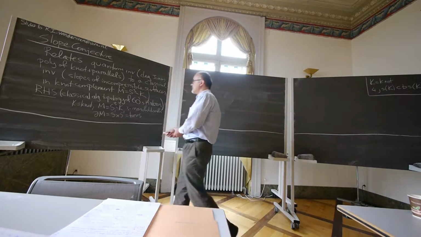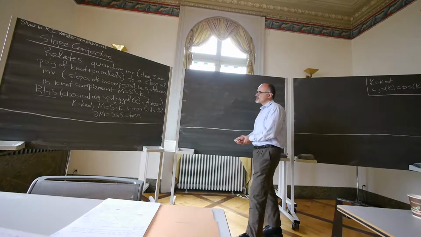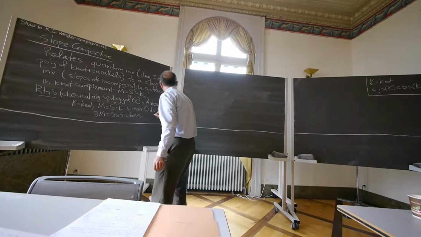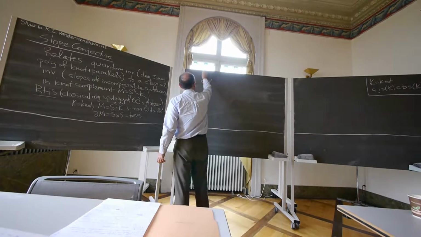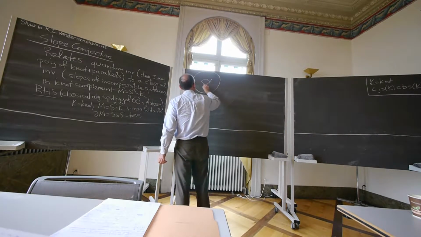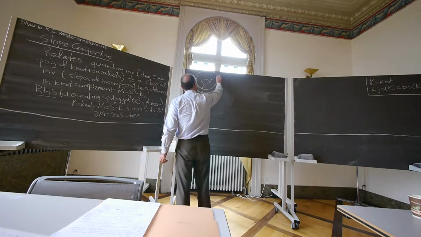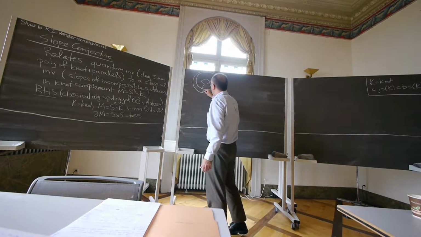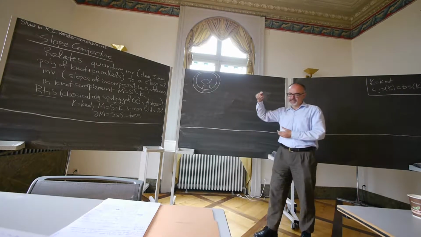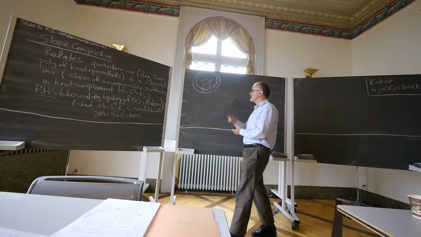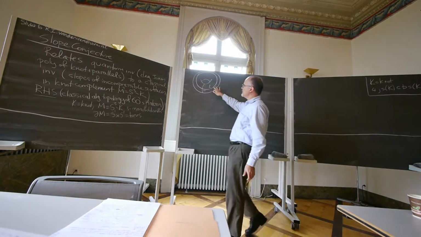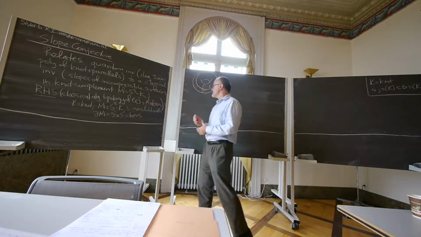Since it is a knot complement, the boundary is not just an abstract torus; we have a preferred system of two curves, one for the meridian and one for the longitude. The meridian goes once around the knot, and the longitude follows the knot. That is the boundary of the knot complement.